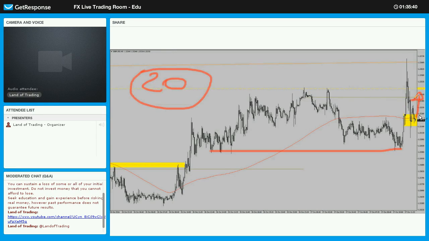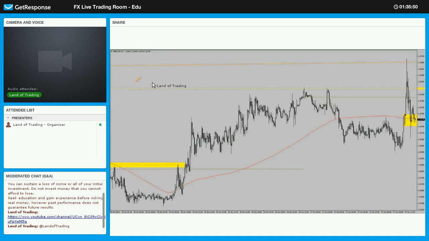Let me explain why I prefer to sell rallies in that case rather than sell the breakdown. Because if we are gonna fail at 2240, at least we have to retest 2220, okay?